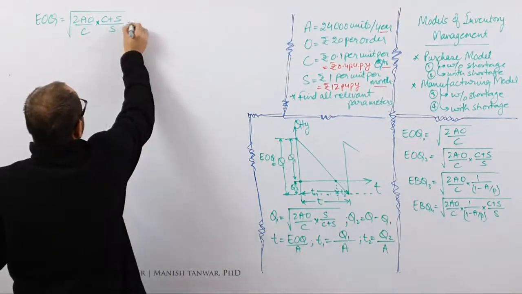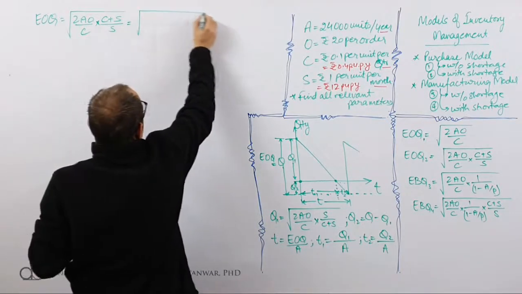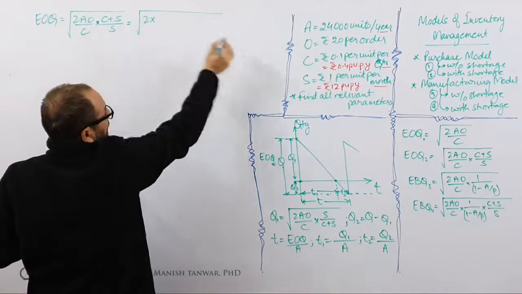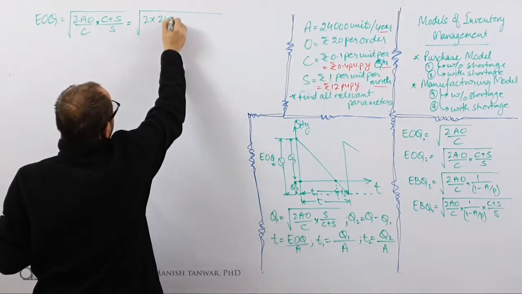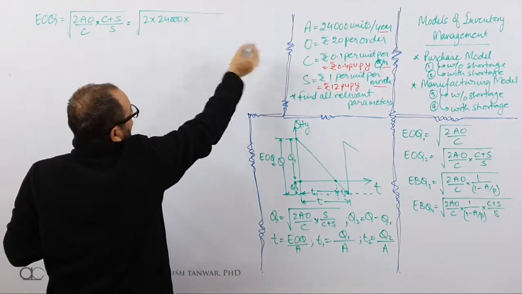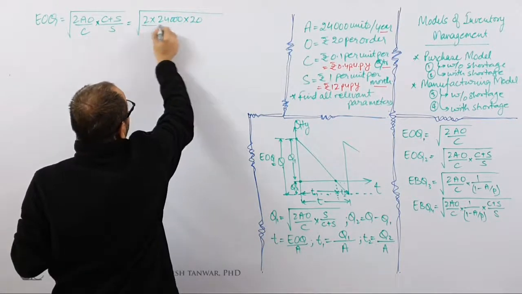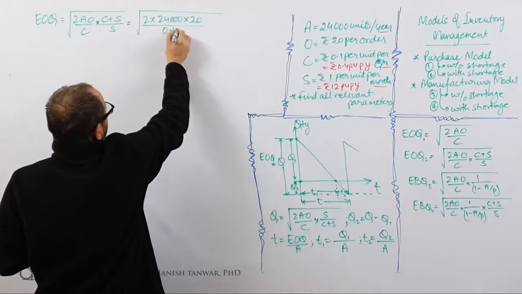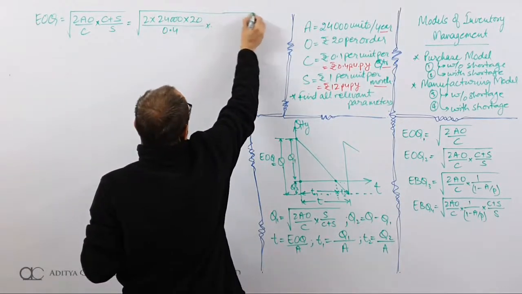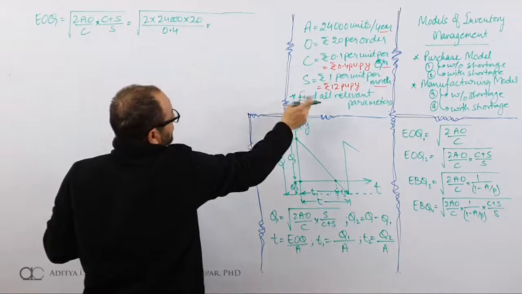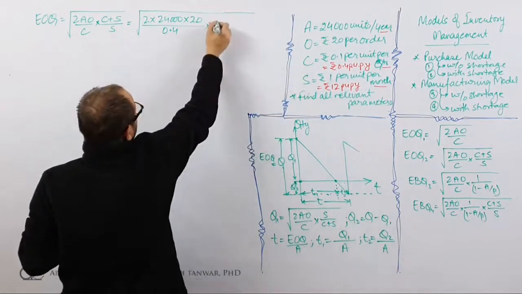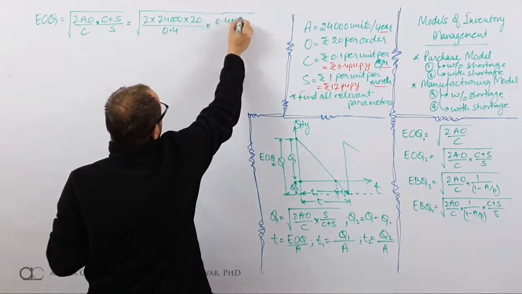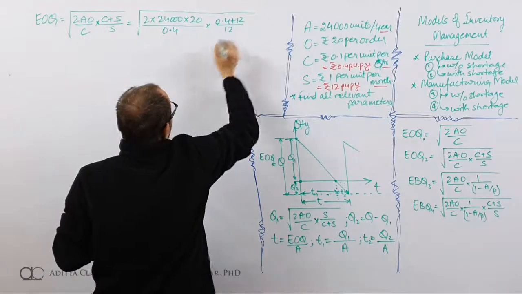Now, can we substitute all these values? 2, demand is 24,000. 2A, ordering cost is 20, upon C. C would be 0.4, multiplied by C plus S. C is 0.4, S is 12. 0.4 plus 12 upon 12.